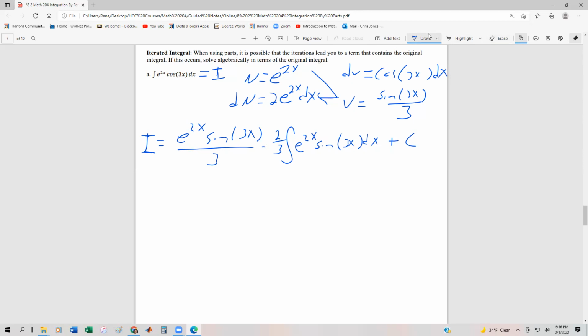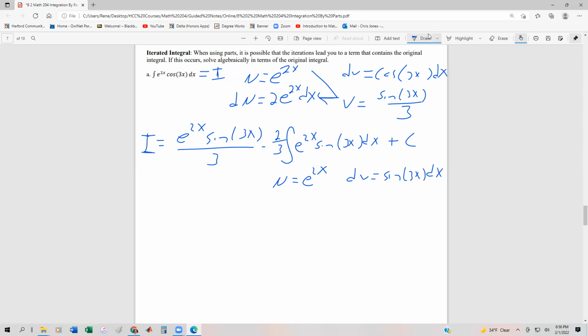Now, let's do integration by parts again. We're going to use the same definition for u. So u is going to be equal to e to the 2x. This time dv is going to be equal to sine 3x dx.